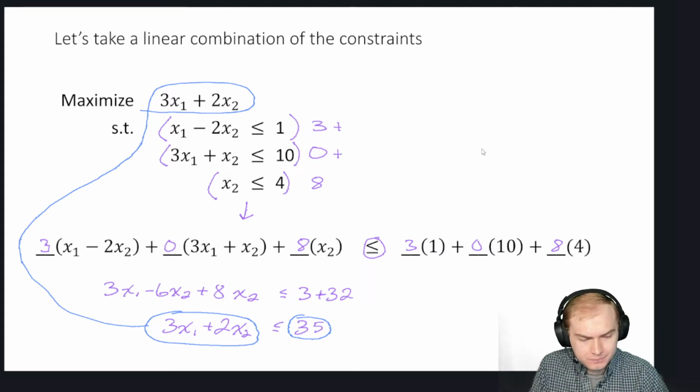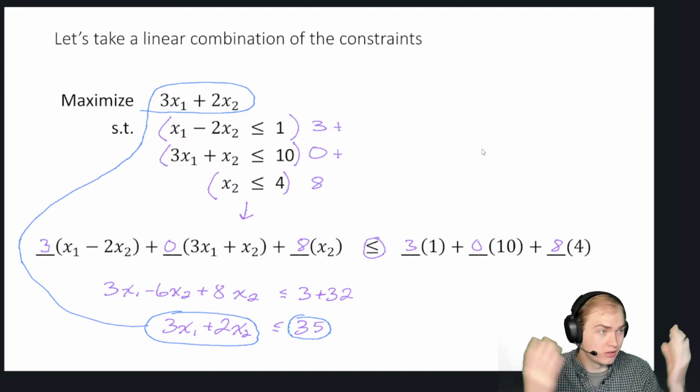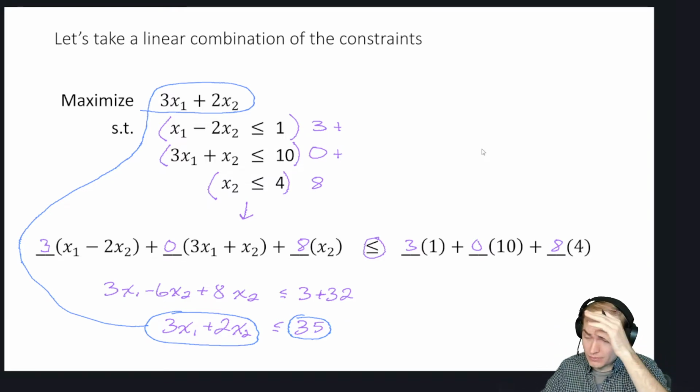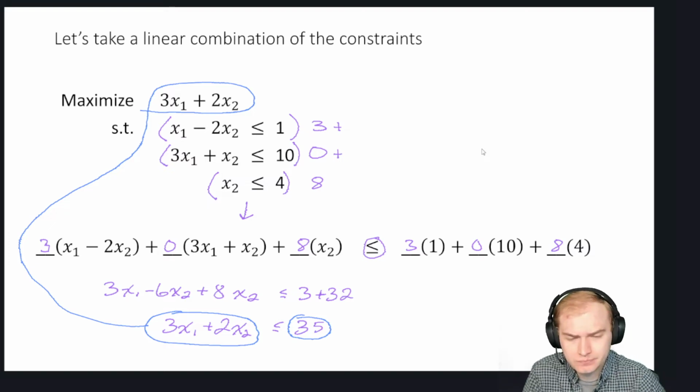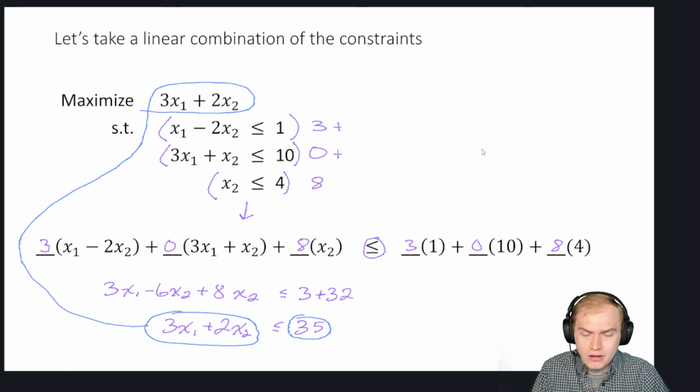So row operations are just linear combinations of the rows. When we're doing row operations, we're taking linear combinations of the rows of an augmented matrix, right? If we're talking about a system of linear equations, we do row operations to find a basic solution.